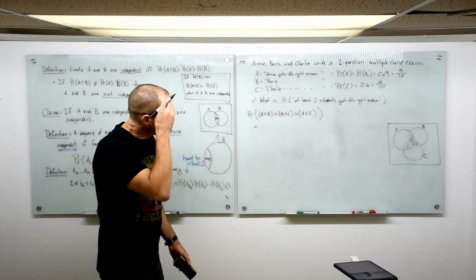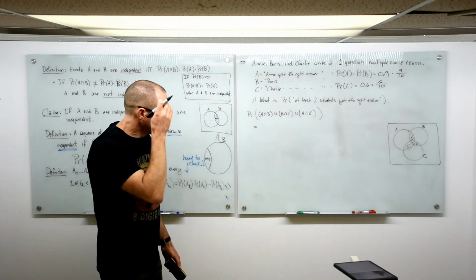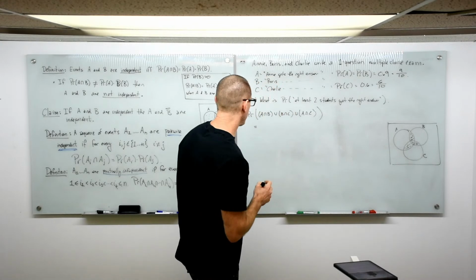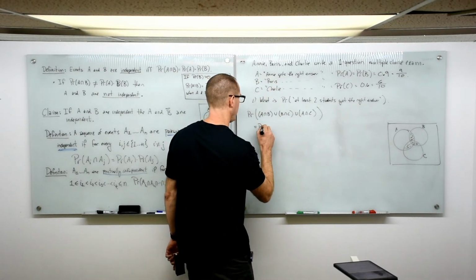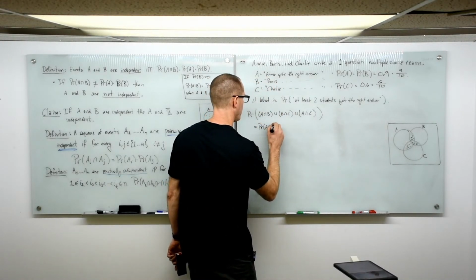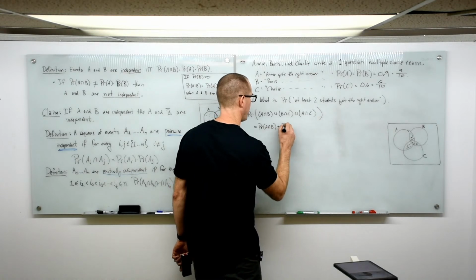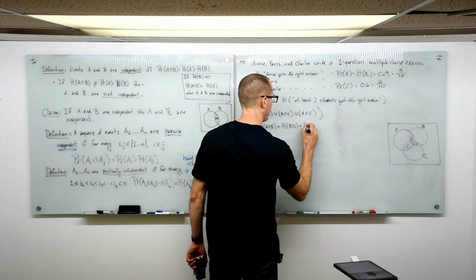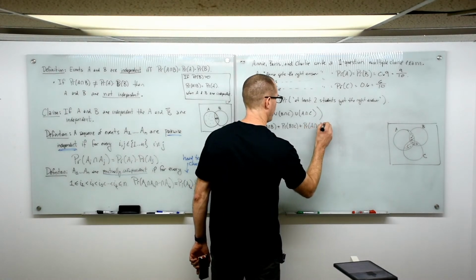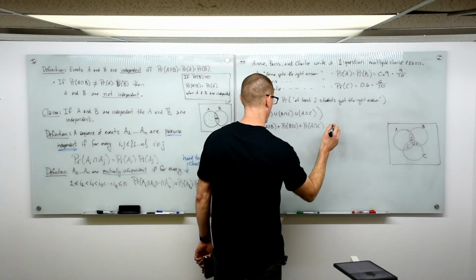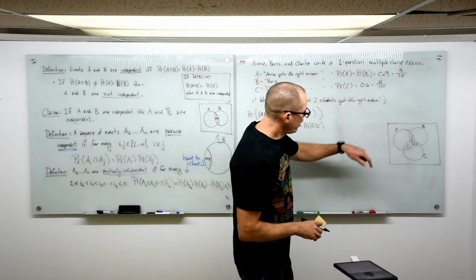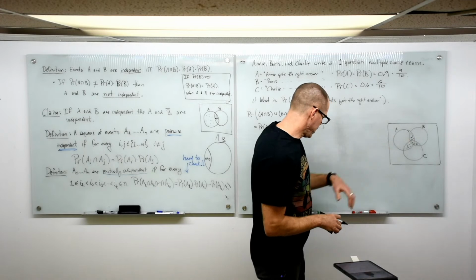We can do the principle of inclusion-exclusion, but actually let's just work from first principles here. So what happens if I take the probability of Annie and Boris plus the probability of Boris and Charlie plus the probability of Annie and Charlie? Well, Annie and Boris is this thing.